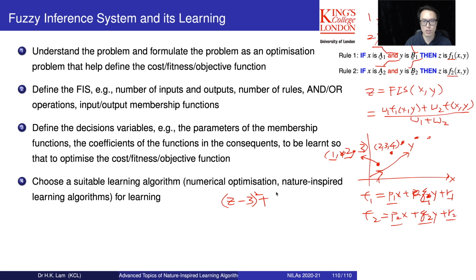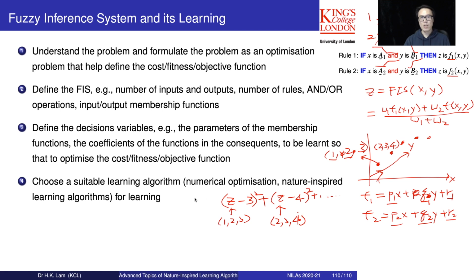So we are going to just sum up the error. We can have the sum of the square error. This z is due to the point 1, 2, 3, and this z is due to the second point 2, 3, 4.